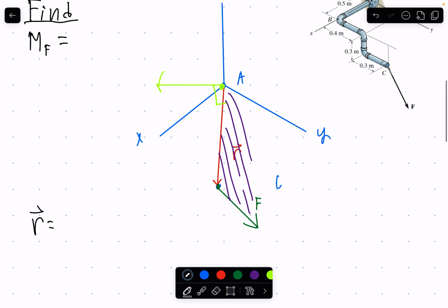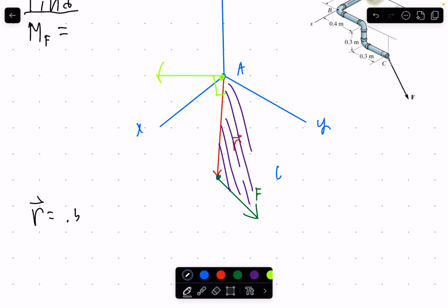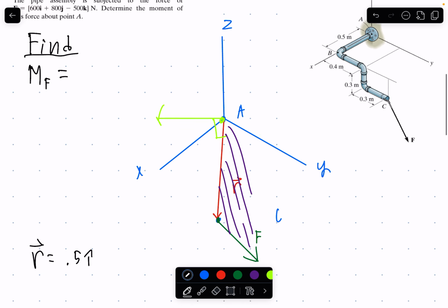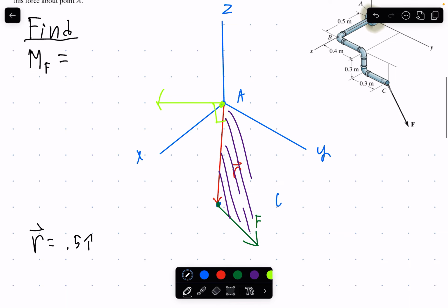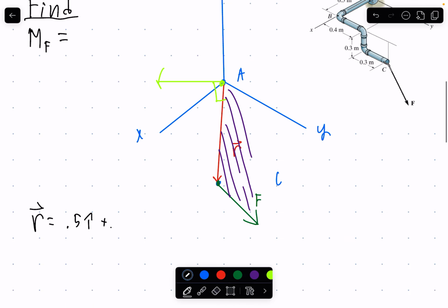So x is going to be 0.5 i, and we'll do the units at the end. That's going to be positive, in the positive x direction. For the y component, we have two sections going in the y direction, 0.4 meters and 0.3 meters. We add those together and get 0.7 j hat.